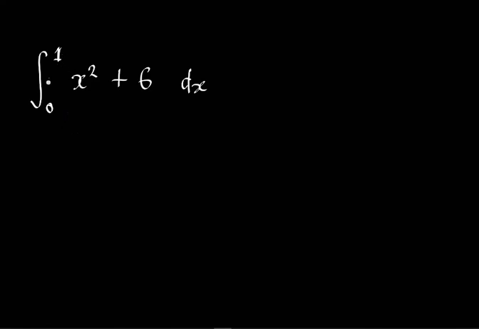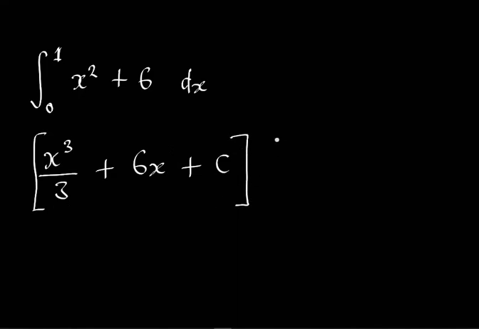I said we're not because we have these limits, so there's really no need. But what happens if we include the plus c? The integration here is going to be x to the power 3 over 3 plus 6x, and then we can add a plus c like that, then 1, 0. Notice this c does not have an x, so the 1 there is not going to affect it.